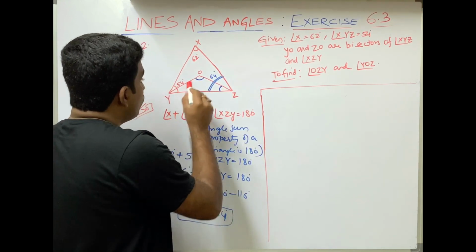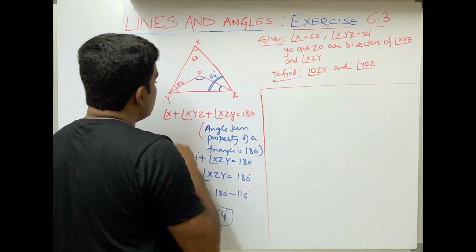See. Now we know OY is the bisector of angle XYZ.